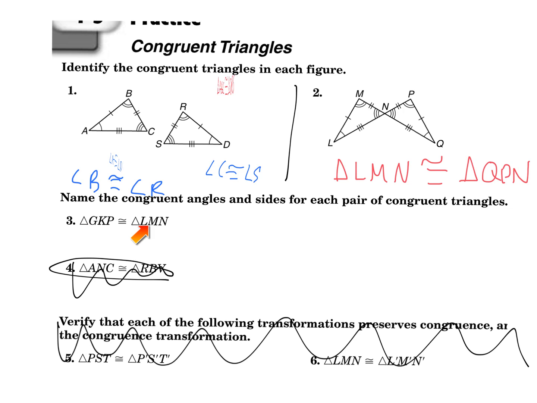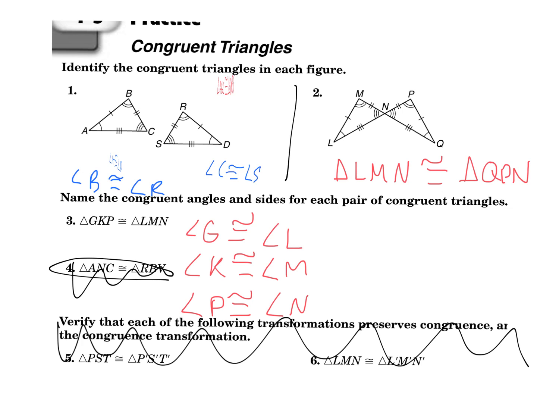So G, K, P and L, M, N. So we know angle G is congruent to angle L. Angle K is congruent to angle M, and angle P is congruent to angle N.